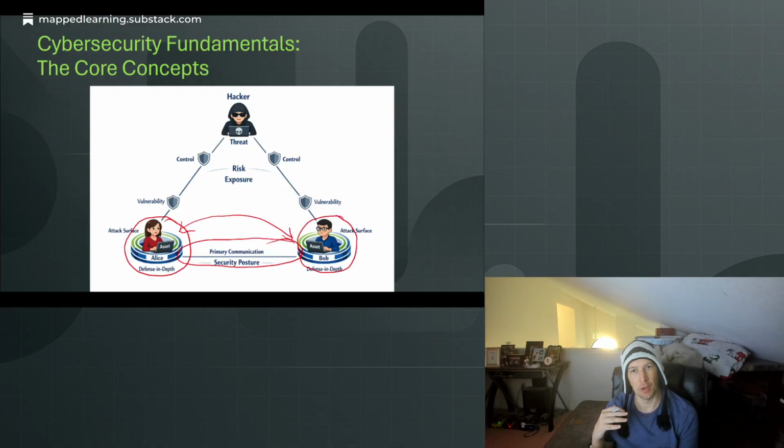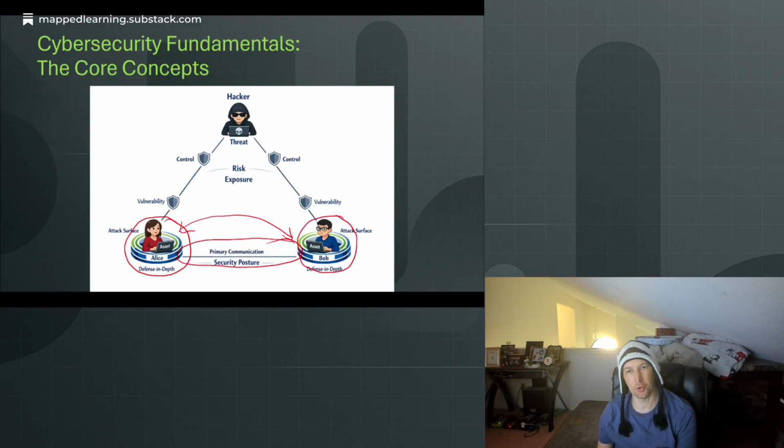The amount of protection as a whole that exists between Alice and Bob and the communication channel, antivirus and firewall rules, and just any type of protective method that is involved in these assets and communications is called the security posture.